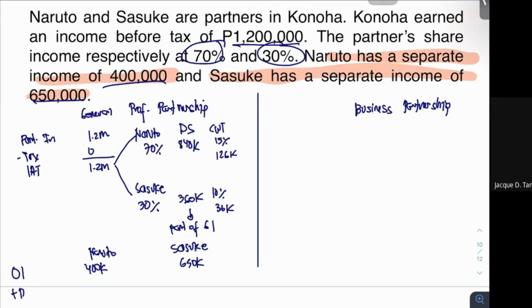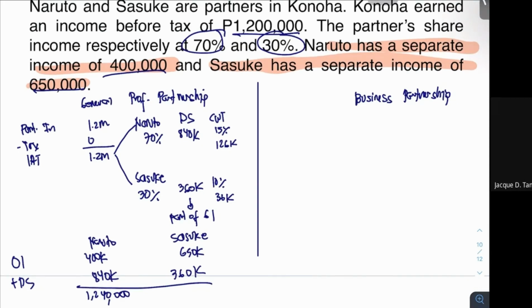You add there the distributive share, which is 840 and 360. This will give us 1,240,000 and 1,010,000. Okay. Next, what if that is a business partnership?